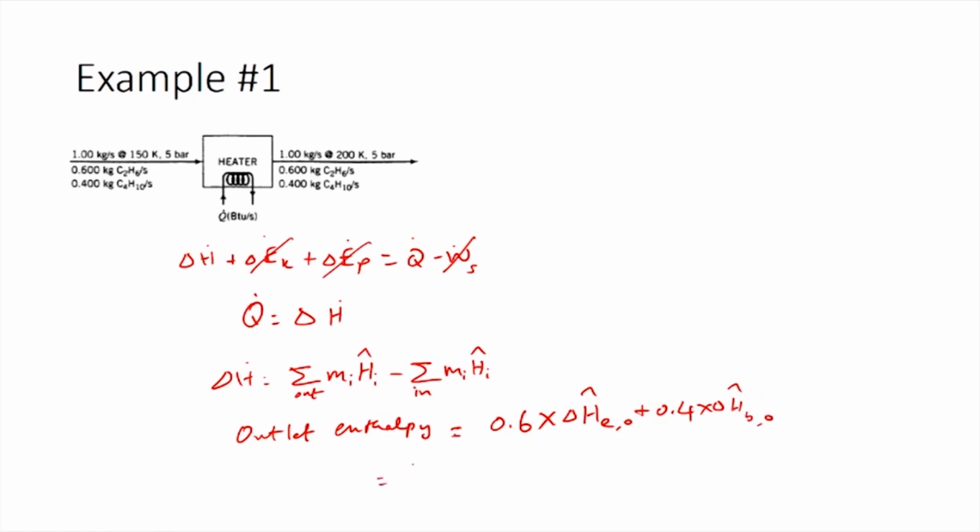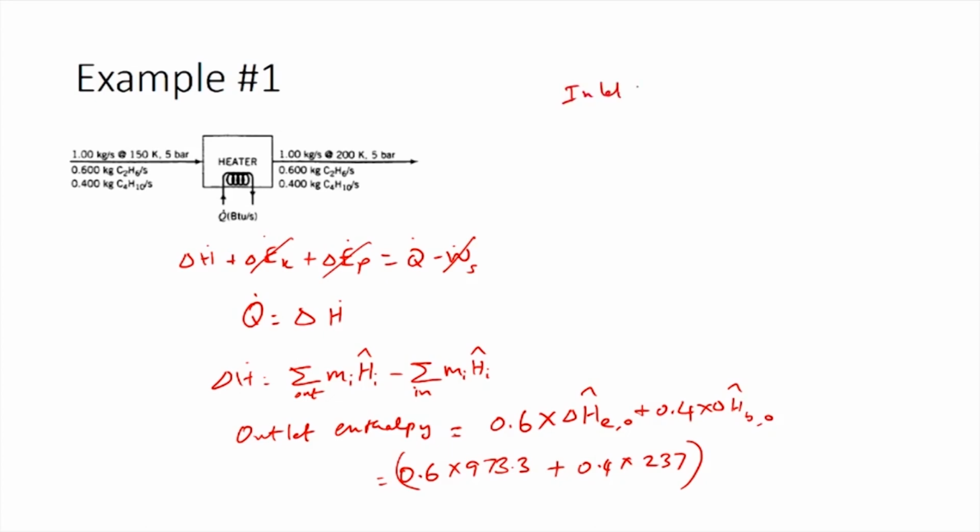So, this value would be 0.6 times 973.3 plus 0.4 times 237. So, this would be the outlet enthalpy.